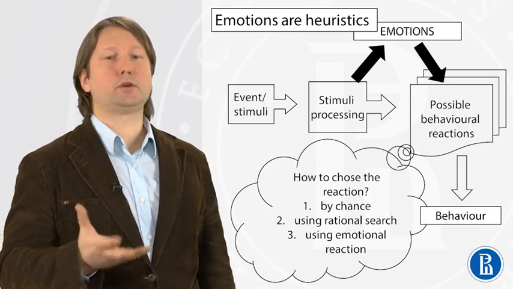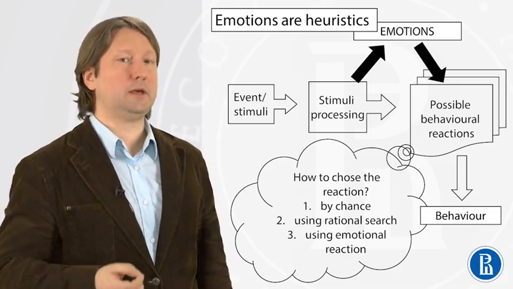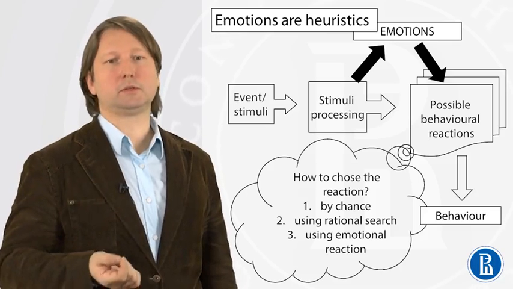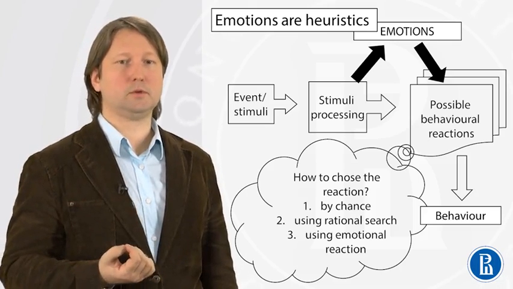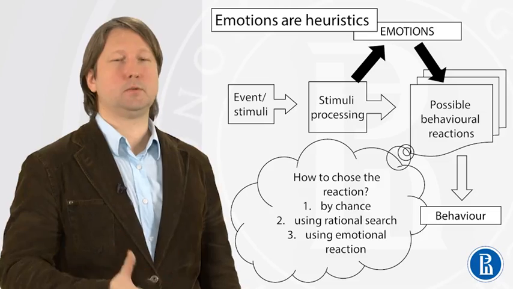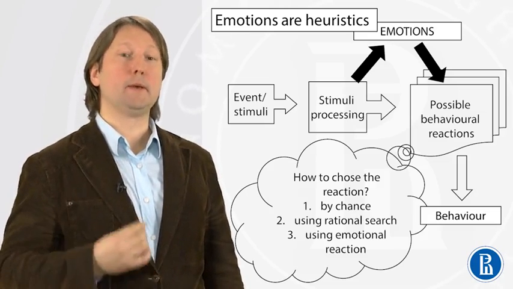We can also use a rational search. It can be a very good solution, but quite often it takes a lot of time to make a rational search. Or we can simply use our emotions, our emotional reactions, our emotional evaluation of the stimulus. So emotions here are kind of heuristics. So we select our choices based on emotions.